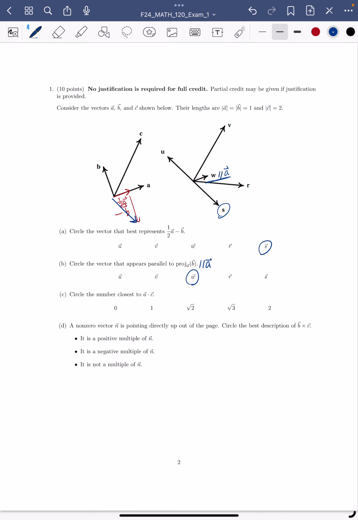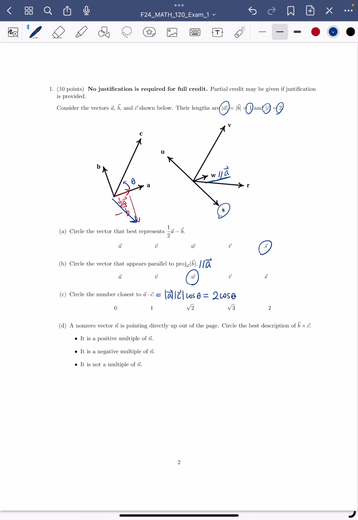Now circle the number closest to the inner product of A and C, which is the length of A multiplied by the length of C and cosine theta. And this theta is the angle between them. Okay, and we know their lengths are 1 and 2 respectively, so 2 cosine theta.